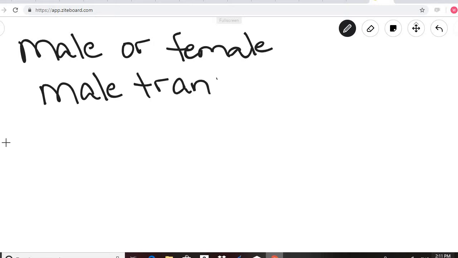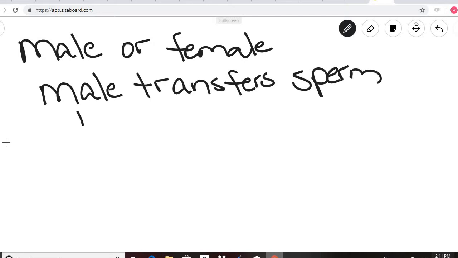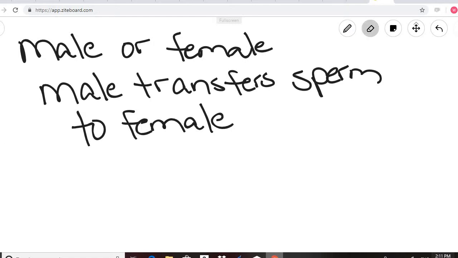And then the female may actually just store those sperm and then fertilize the eggs at a later time. So the fertilization doesn't necessarily take place at the same point in time when the male transfers the sperm to them.